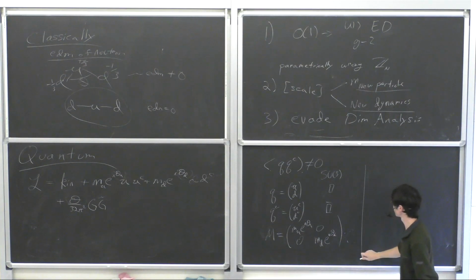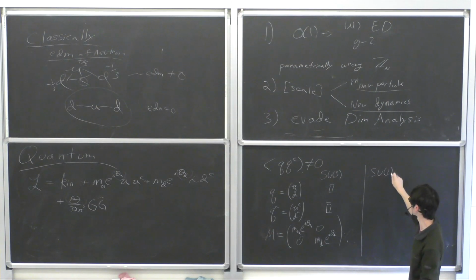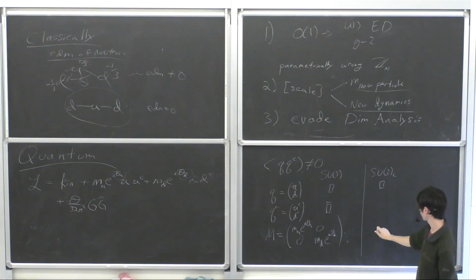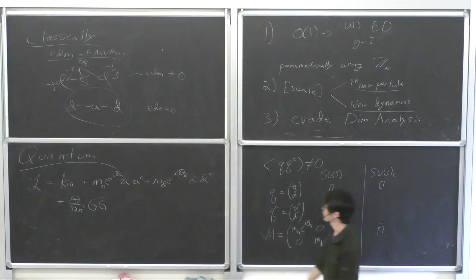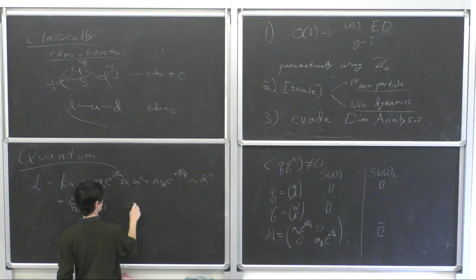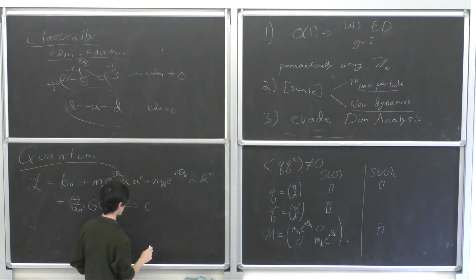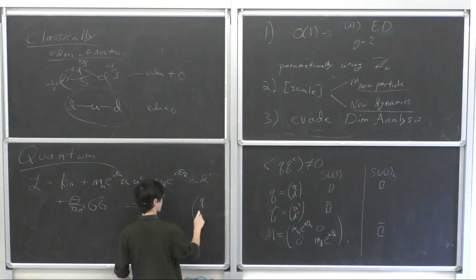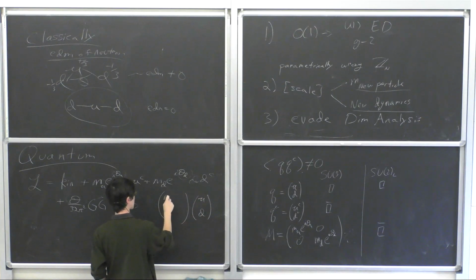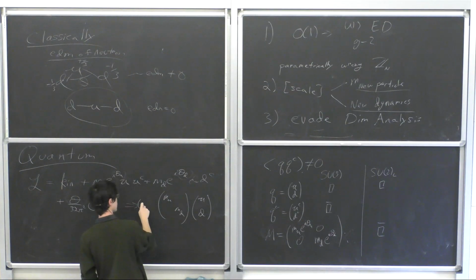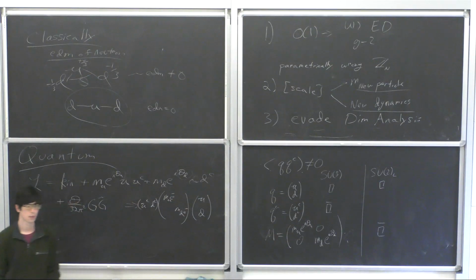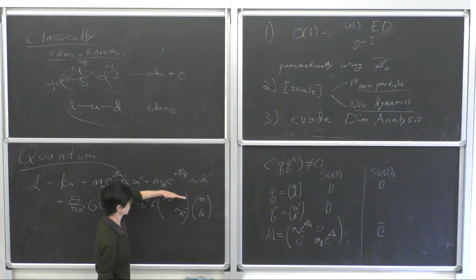It has no SU3. You have SU2 left, which rotates this guy. This guy transforms as an anti-fundamental, since I can write this mass term with fundamentals like this, U D. And then I have a matrix, m_u, m_d, u conjugate, d conjugate, e to the blah, e to the blah. So this transforms here, this transforms opposite.